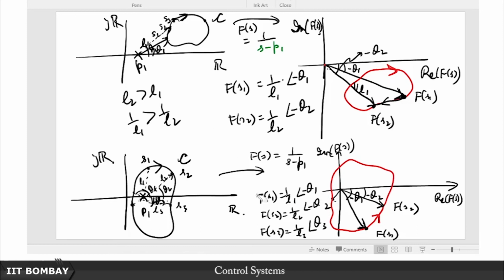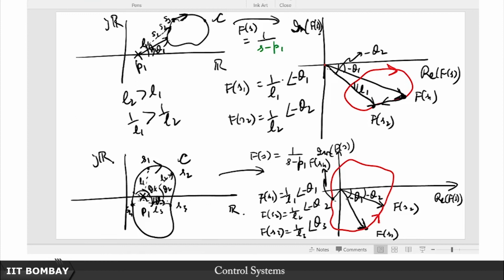If you choose, let us say, s4 here, then this point is probably going to be f of s4. So you will see that this is exactly how it happens. As you go clockwise once around this, you will see that the origin of the F(s) plane is encircled counterclockwise once, if you have a pole inside the contour.